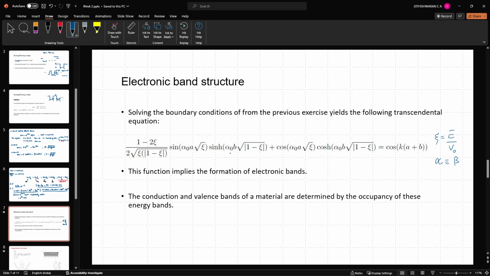So what we have is this equation, which is a transcendental equation. Why is this a transcendental equation? Because the functions involved are transcendental functions. Transcendental functions are functions that cannot be represented as finite length Taylor series expansions. If you can even represent it as a series expansion, you will need the infinite Taylor series to represent them.